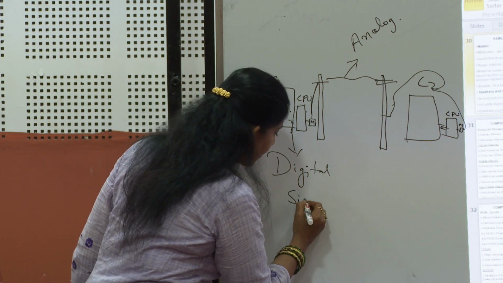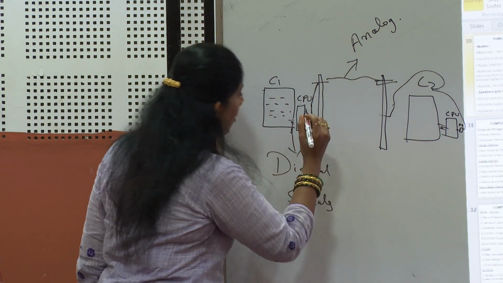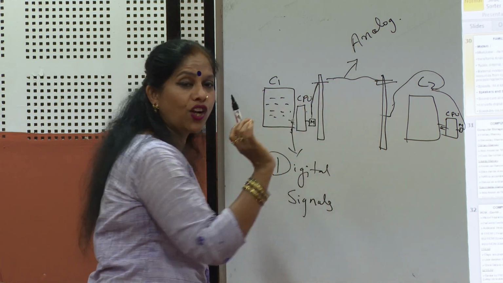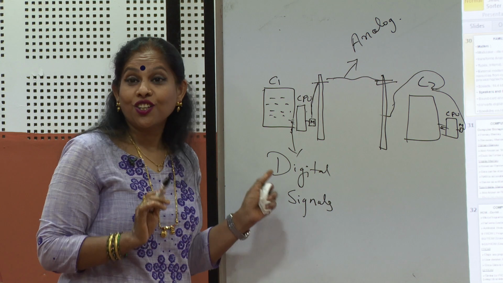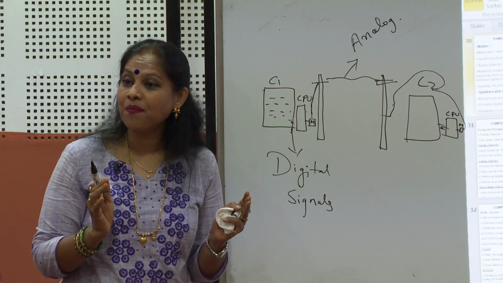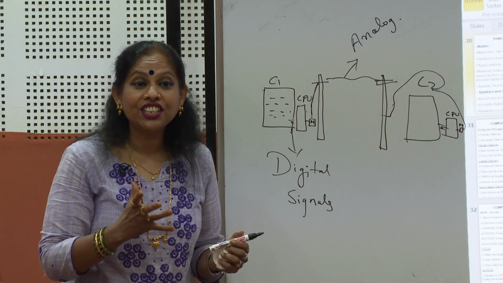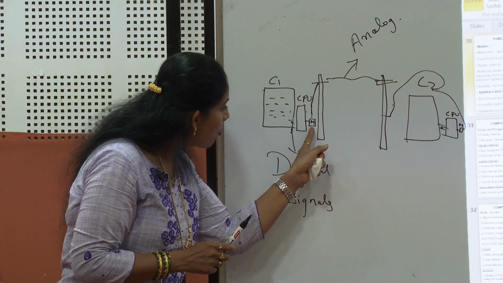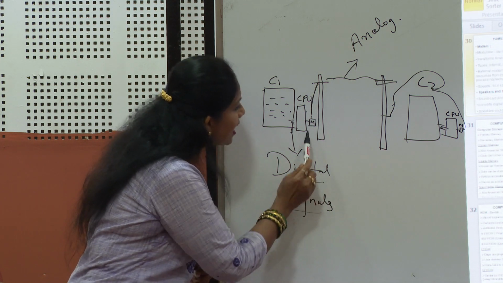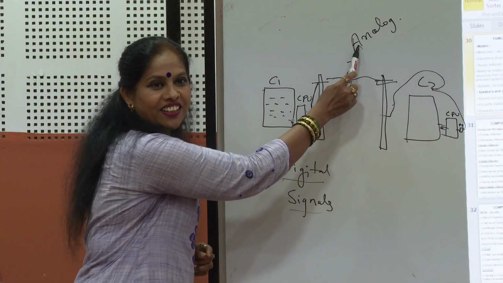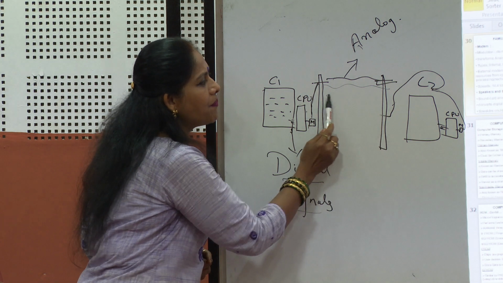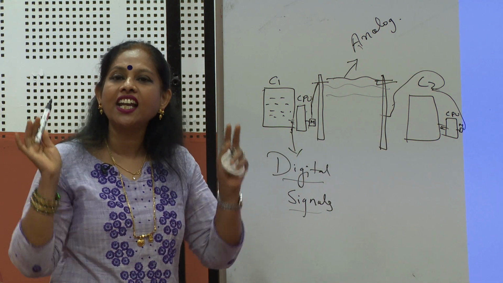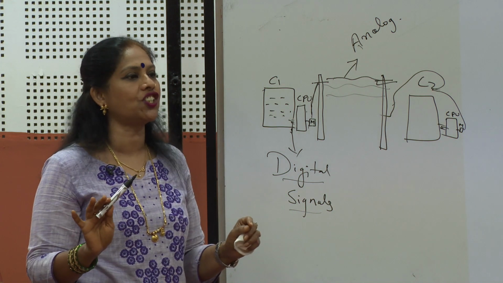Now this modem will not carry digital signals. So what is the duty of the modem? It converts digital to analog signals. Here the modem converts your digital signals to analog signals because it has to go through the telephone lines. The telephone line understands only analog signals, it will not understand digital signals.